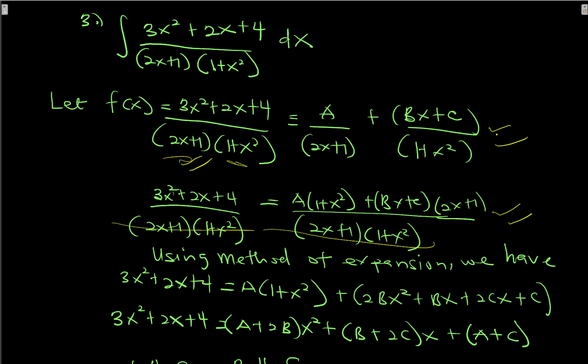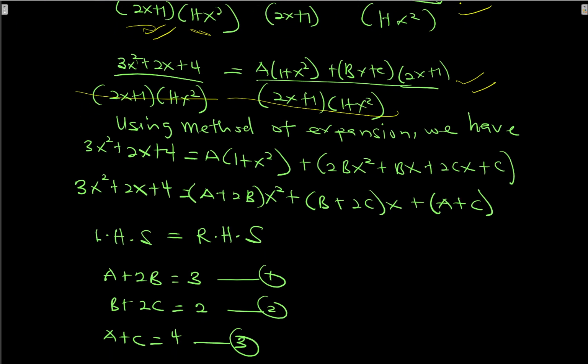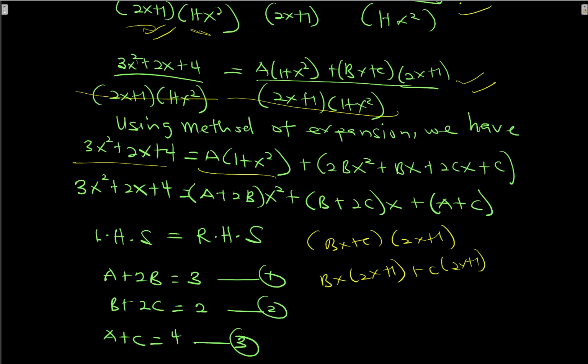So we use the method of expansion to find the values of A, B, and C. On the left hand side, we have A times this, and when you multiply bx plus c by 2x plus 1, that will be bx multiplying 2x plus 1 plus c multiplying 2x plus 1, and this is 2bx squared plus bx plus 2cx plus c. And that's what we have here.